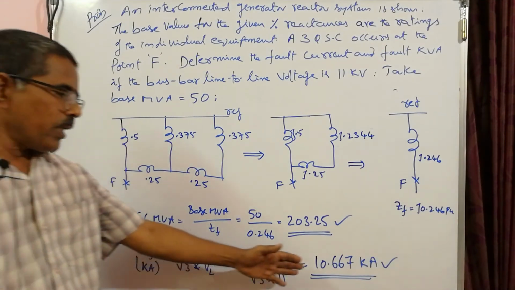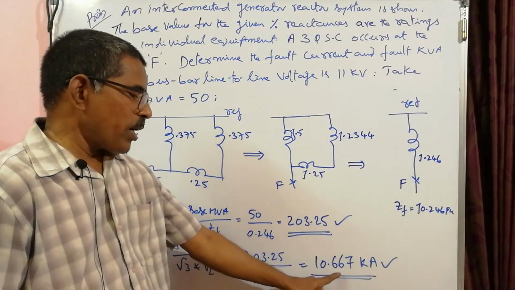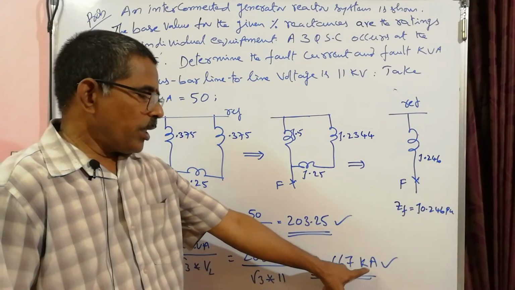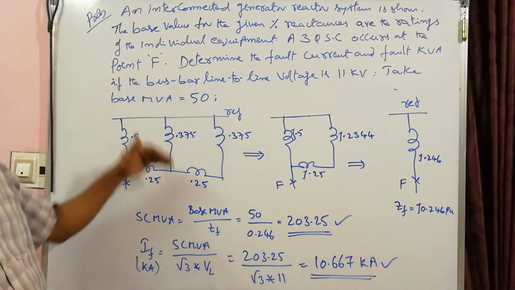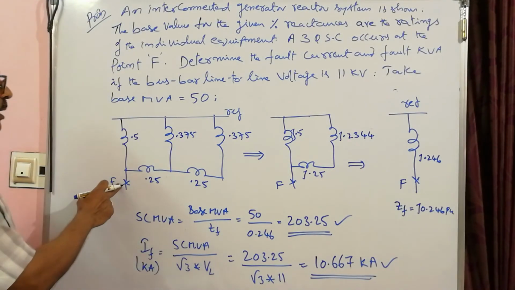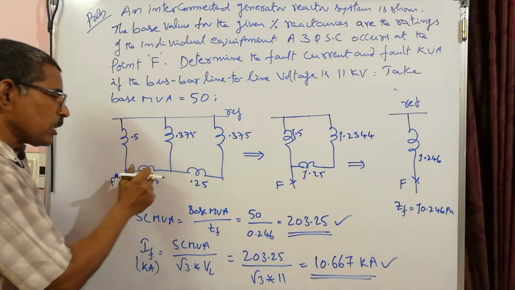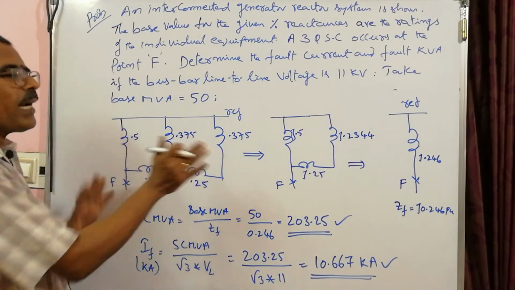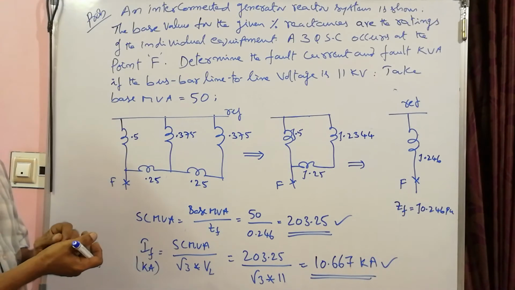So that many amperes, thousands of amps, 10.667 into 1000, kilo means 1000, that much of fault current flows because of the short circuit at this point. And this is because of the reactances which are already there. Suppose if there is no reactance at all, what is the fault current? It is infinite, is it not?